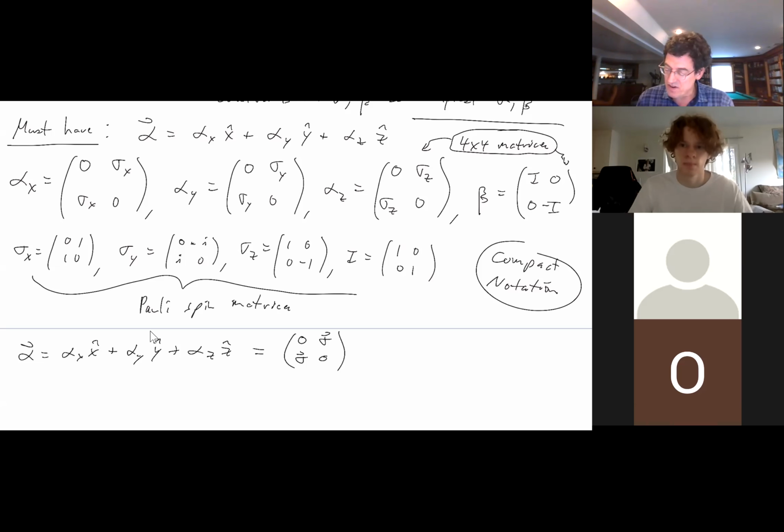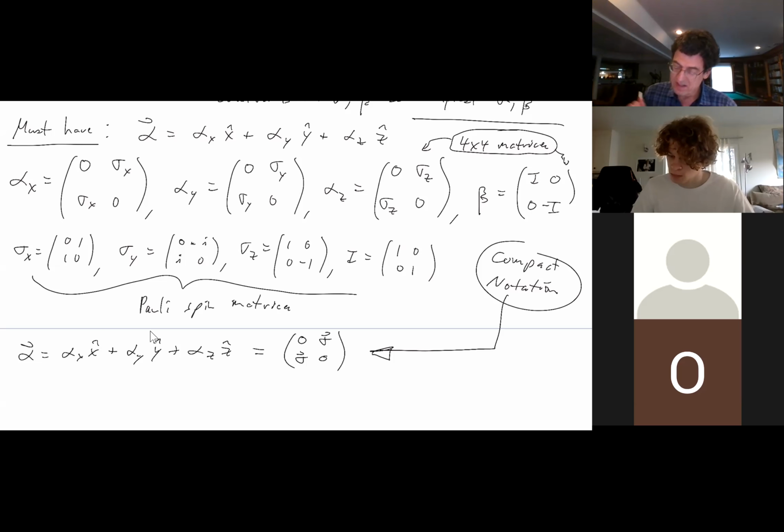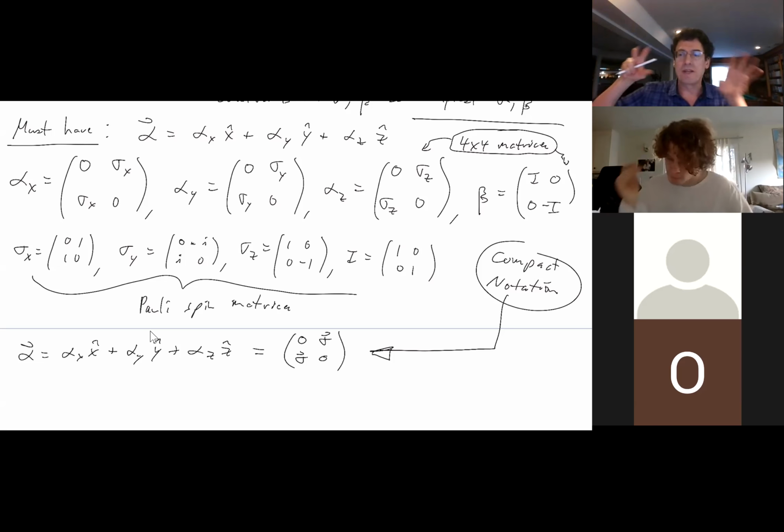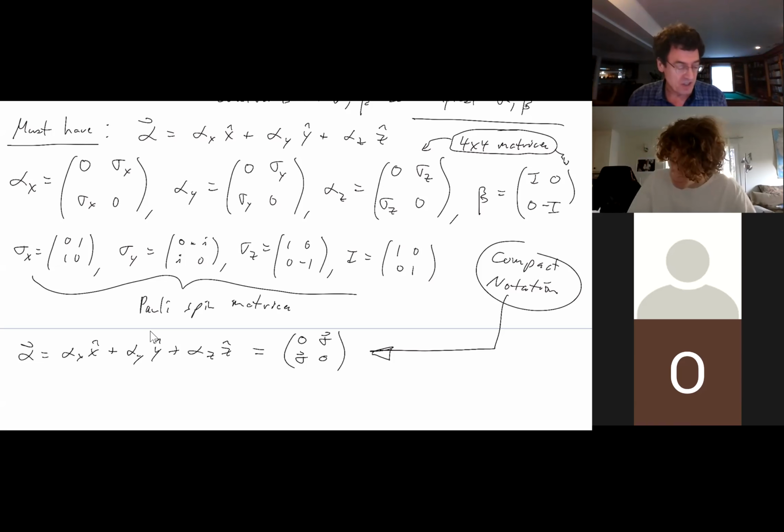So this is an even more compact notation. Obviously these compact notations have been developed because nobody likes to write all this stuff out. But if it's the first time you've seen it, it's a little confusing, because you're not used to this kind of notation where we're compactifying these matrices. But it's a very simple notation and kind of obvious once you think about it.